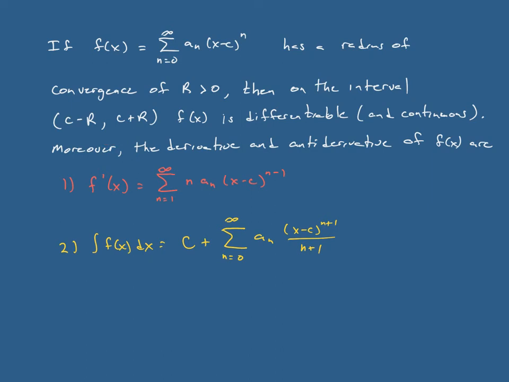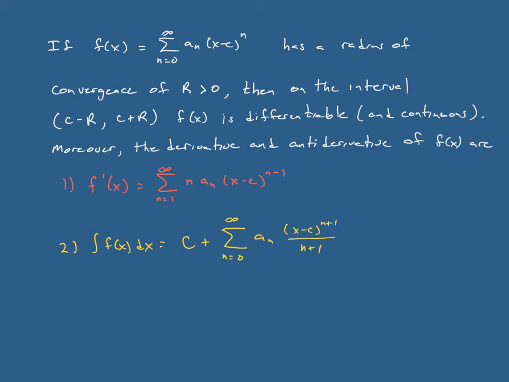And on that interval of convergence, f is differentiable and therefore continuous. Remember, if a function's differentiable, then it's continuous. So on that interval of convergence, it is going to be differentiable and therefore continuous. And because of that, we can find the derivative and integral of our power series.